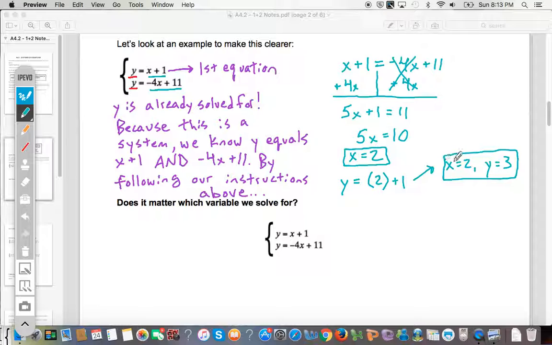We can write it like this, or we could also write it as an ordered pair. We could even write it with braces. Again, as long as we get the correct numbers, that's what I'm most concerned with right now. Pause the video if you need more time.